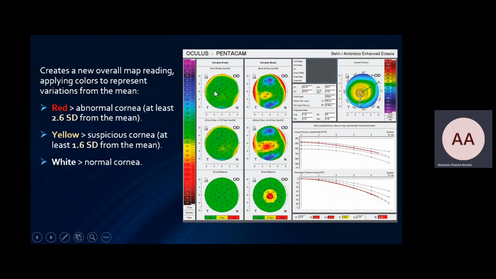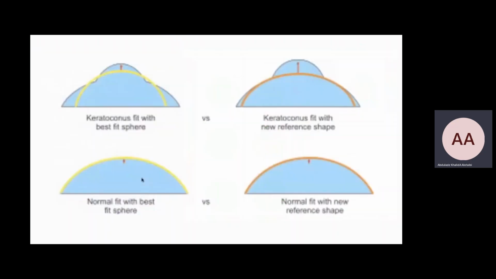So we have here the elevation maps, then the corneal thickness spatial profile and percentage thickness increase. Here the value is 1.8, which is between 1.6 and 2.6, represented in yellow, which is suspicious. Here the value is 1.2, represented in white, meaning normal.